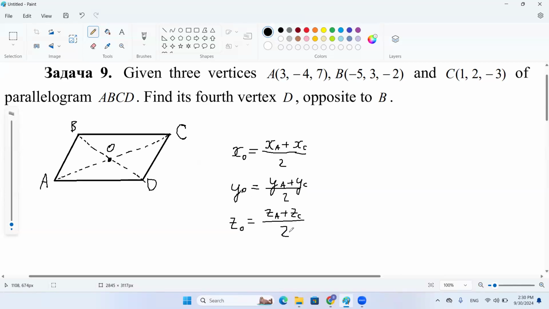Yeah, so let's evaluate all coordinates. Who wants to assist? I saw a lot of hands before. Stanislav.